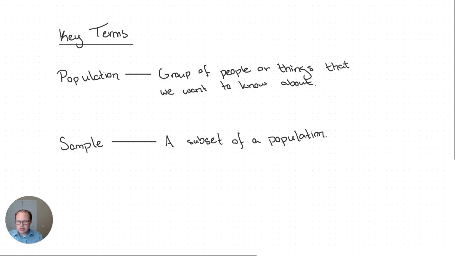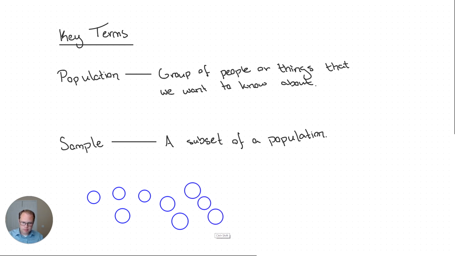So let's look at an example. Say these circles are our population. Okay, so here's our population.